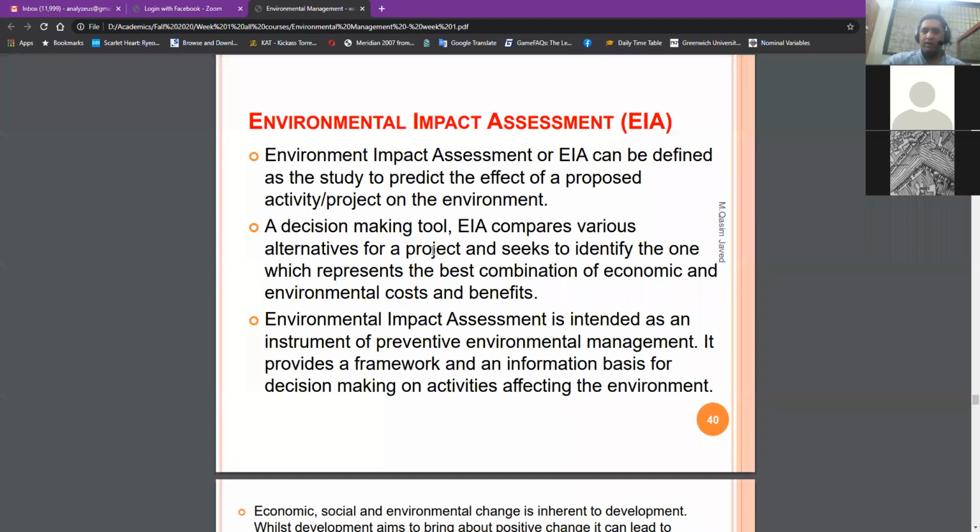If I want to build a road and the material that I'm using is highly toxic but very cheap, it will be affecting the environment in a bad way. But if I build the road with a material which is highly environmentally friendly but very expensive, it has no business benefit for me, because I will be losing a lot of money and will not be able to recover it.